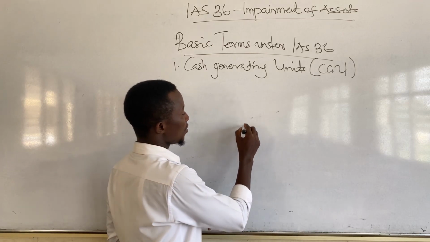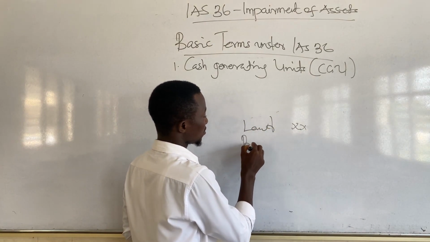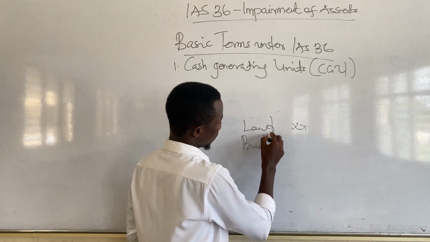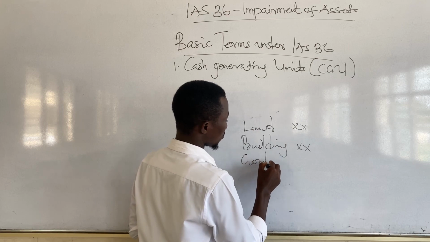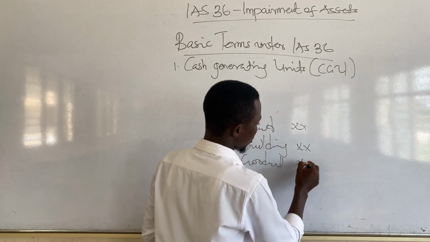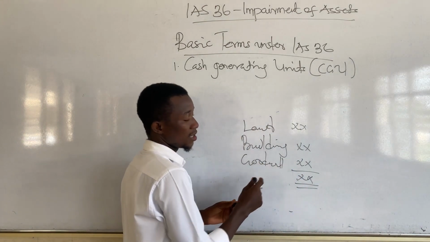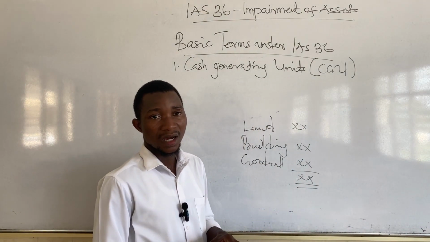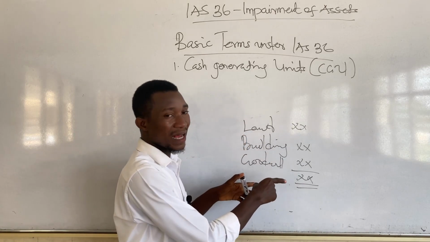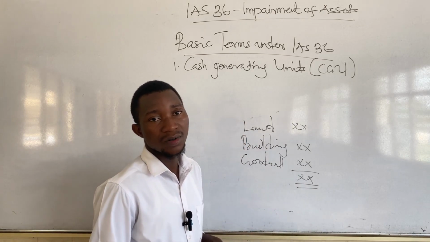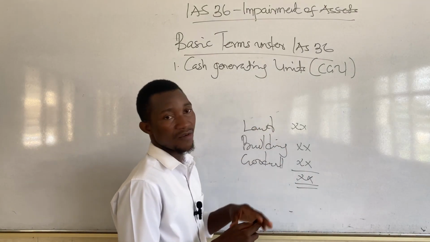So let's say we have land, we have building, we have goodwill, and the total is given, and this group of assets is able to generate cash flow to the entity from the continual use of this group of assets without depending on the cash flow of other assets, then we call this group of assets a cash generating unit.